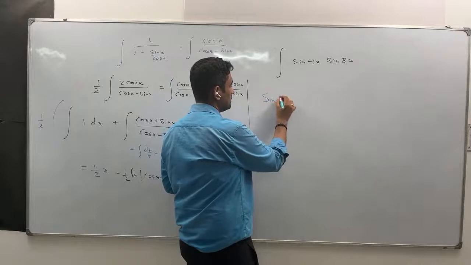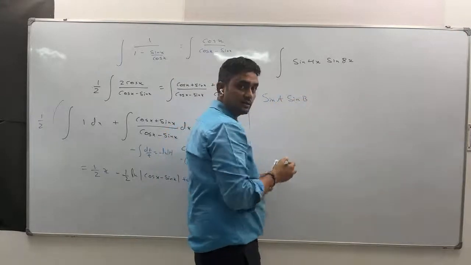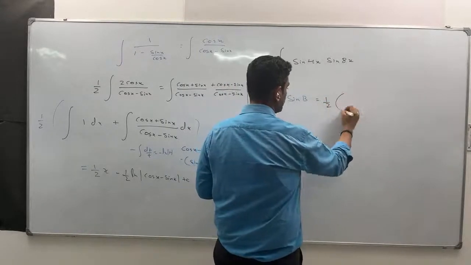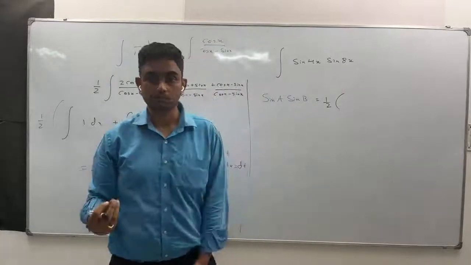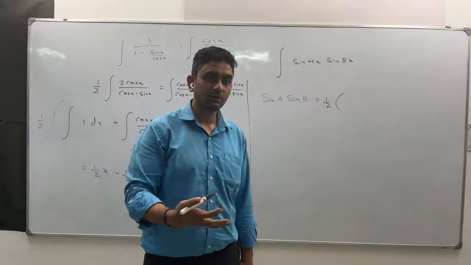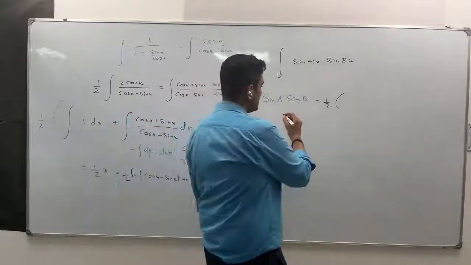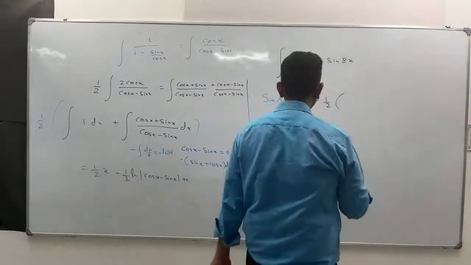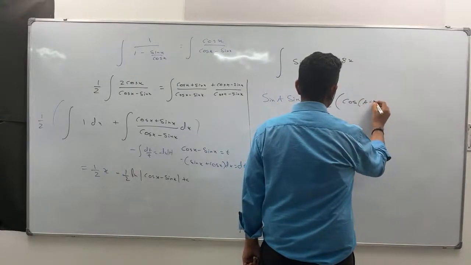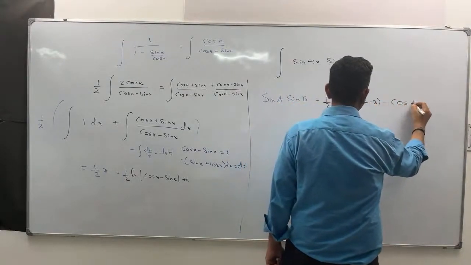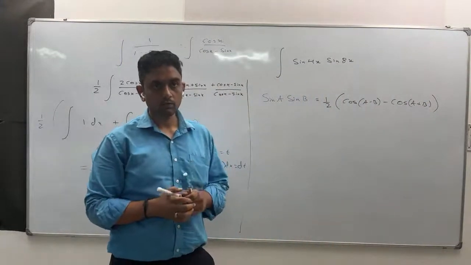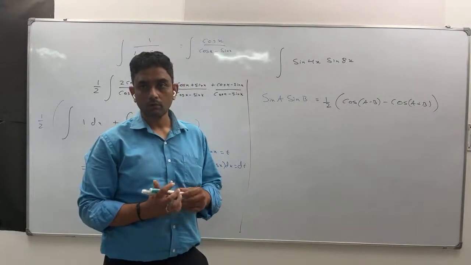Sine A sine B gives you cos terms, sine A cos B will give you sine terms, and cos A cos B will give you cos terms. So sine A sine B comes out to be half of cos of A minus B minus cos of A plus B. This is the formula.